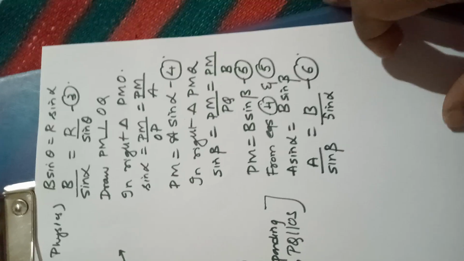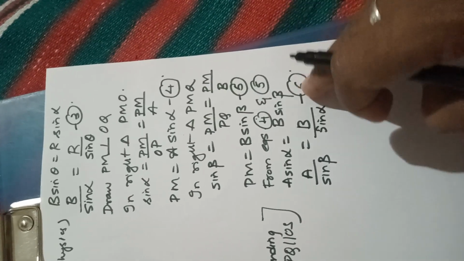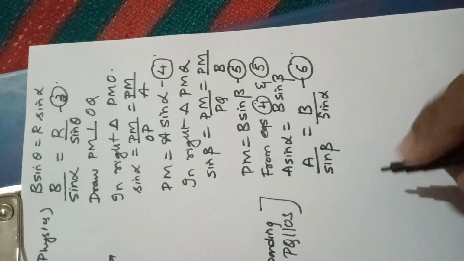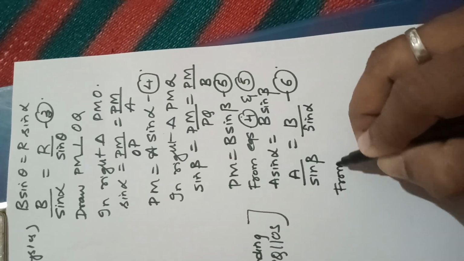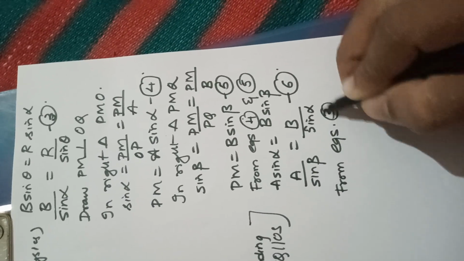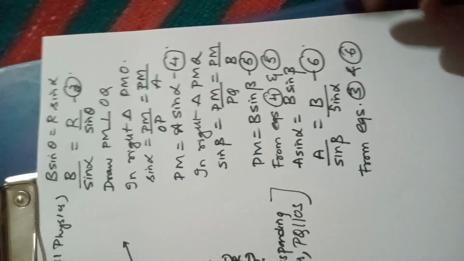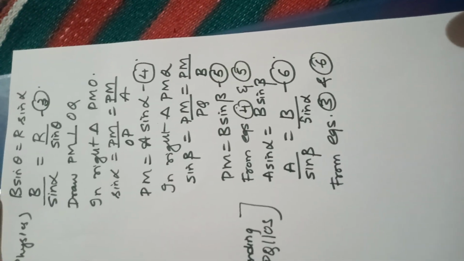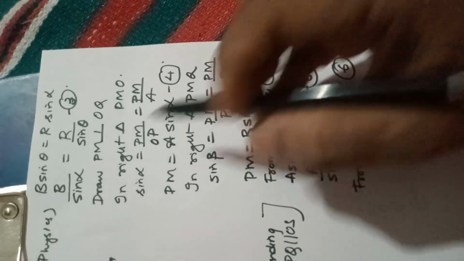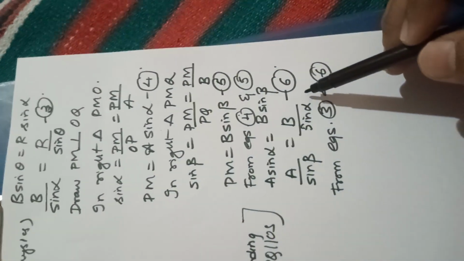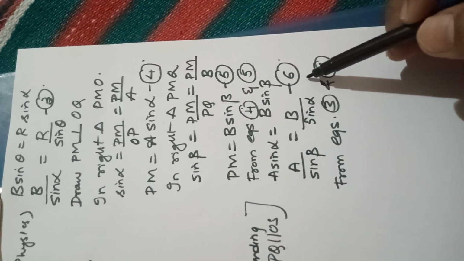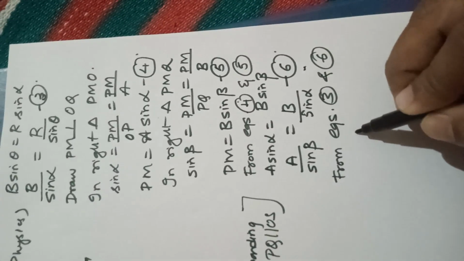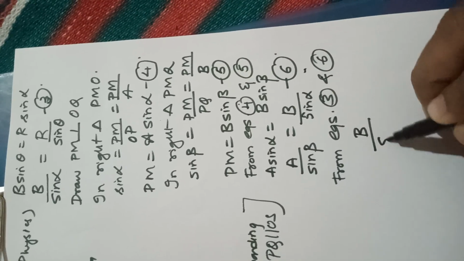Now it's time to compare equation 3 and equation 6. From equations 3 and 6, observe carefully what is common between them. It is B by sin alpha.